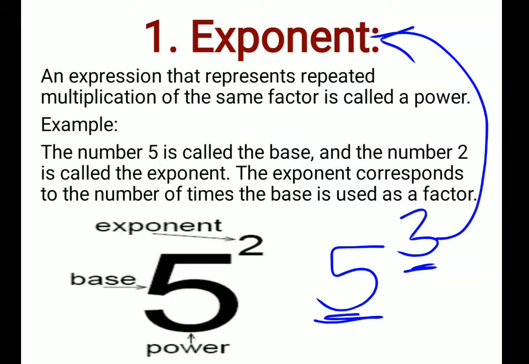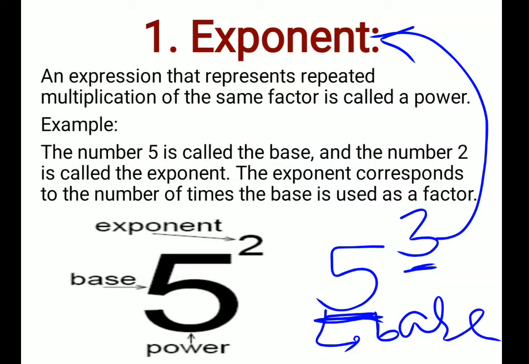And the number to which the power is attached on its head is called the base. Without base there will be no power or exponents. So you have to make this thing clear.